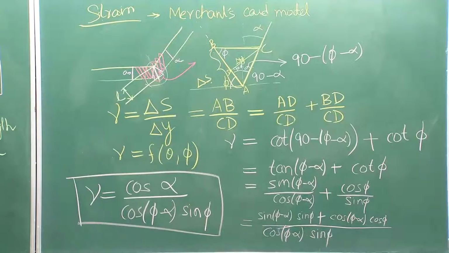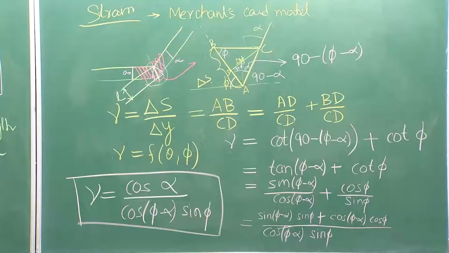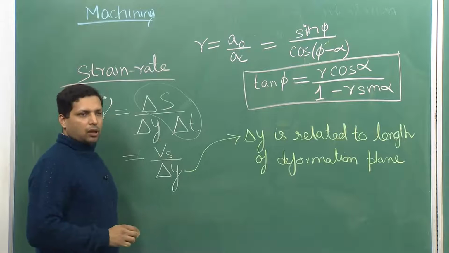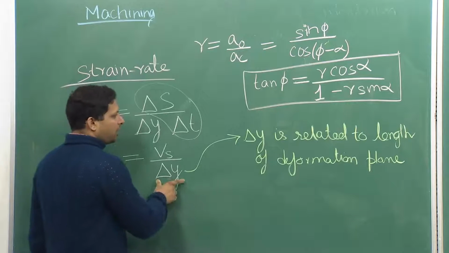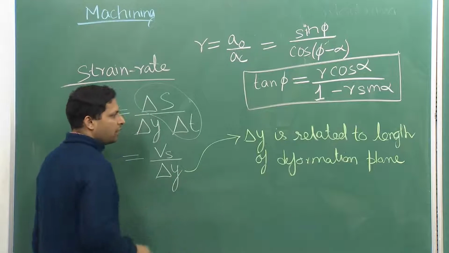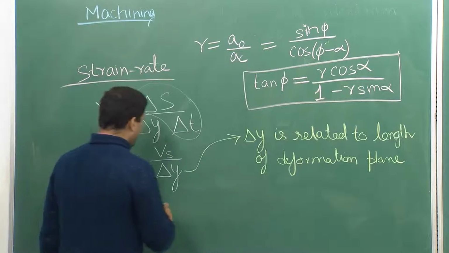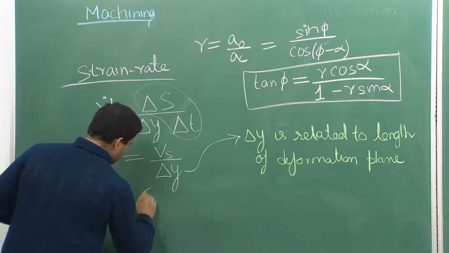So, let us give it a name, let us call it L. So, this is the length L, and delta y, it has been found, see for example, if you keep reducing the size of the card, your delta y will keep changing, but at the same time L will also change, and therefore, it has been found that delta y is always related to the length of the deformation plane.